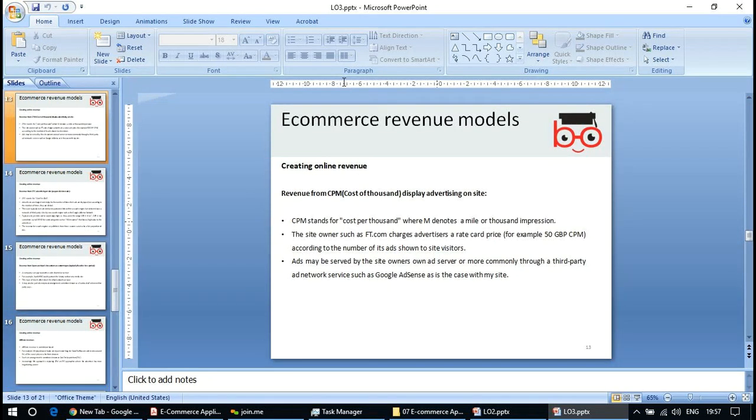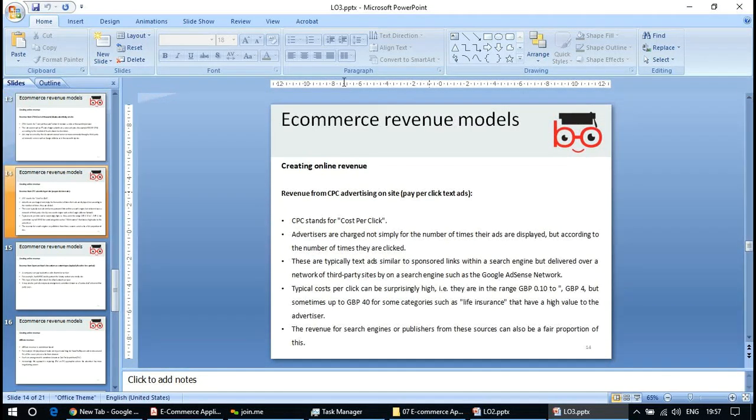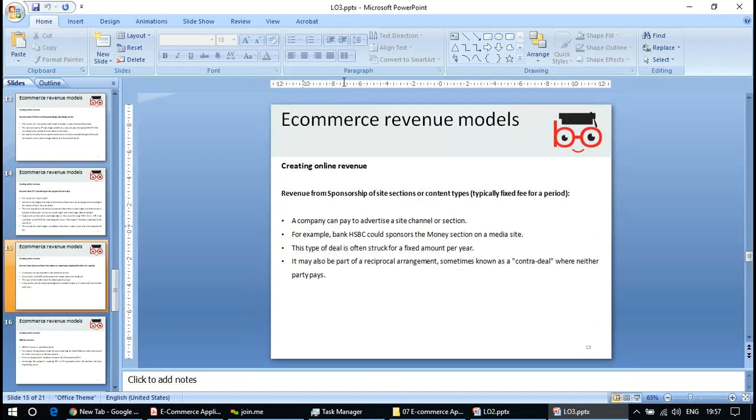Then cost per thousand, where you get revenue per thousand views, based on the number of thousands somebody is watching. Then cost per click, pay per click. If somebody is clicking on the ads, then they get paid. The ads you see work in this way.